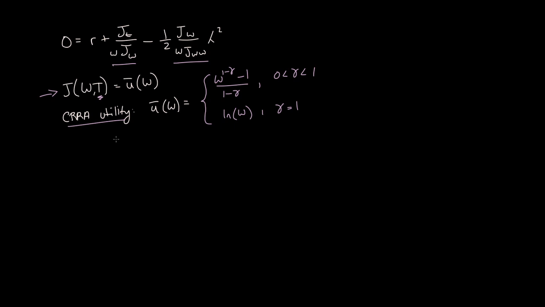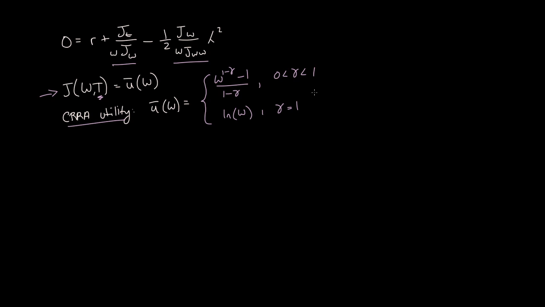So we just need to pick a convenient utility function that we can defend choosing. Anything will do, but we're going to choose the CRRA utility function. You could choose a Cobb-Douglas utility function, a CES utility function, a quadratic utility function. This is really an arbitrary choice at this point.